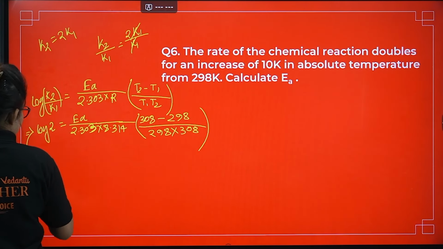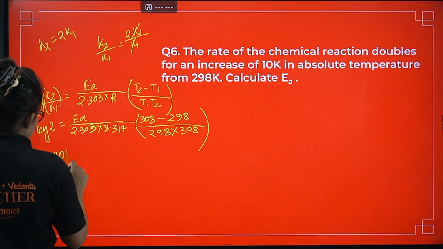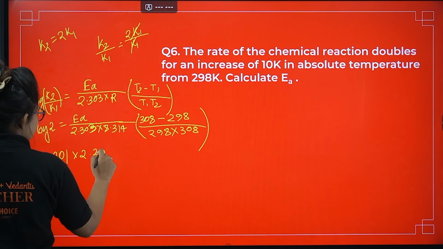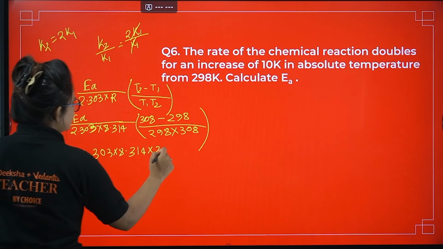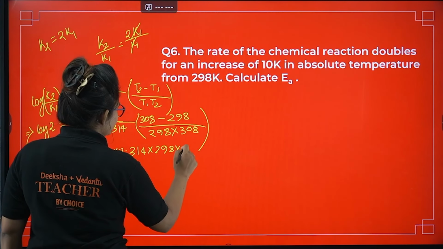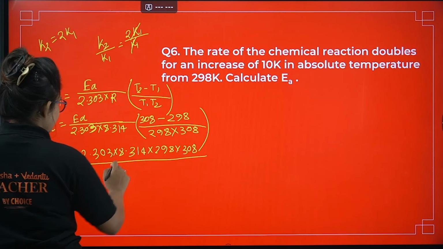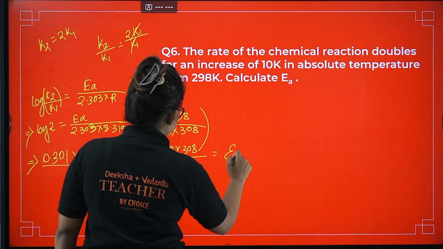So once you have to calculate EA, log 2 value is 0.301, right, into 2.303 into 8.314 into 298 into 308, divided by 10. Okay, and that is equal to your EA.